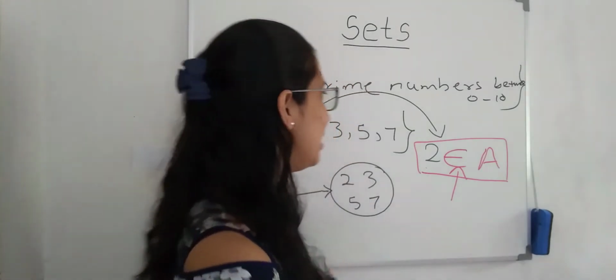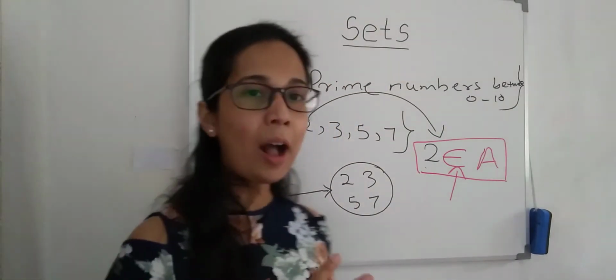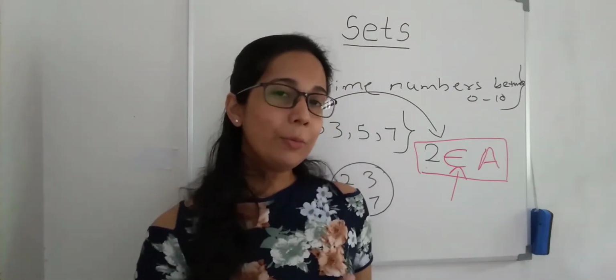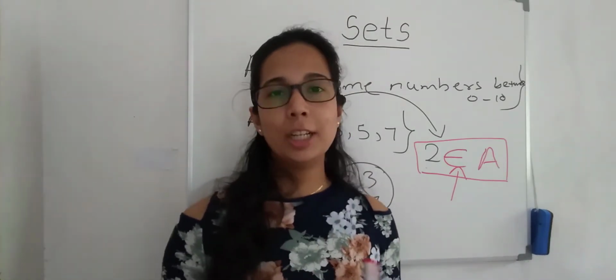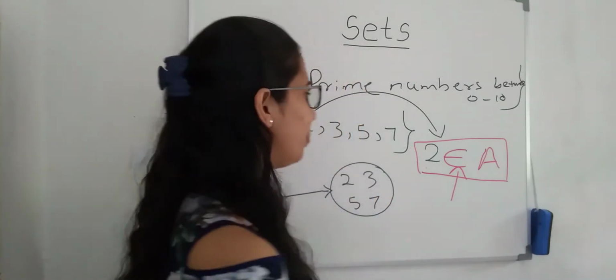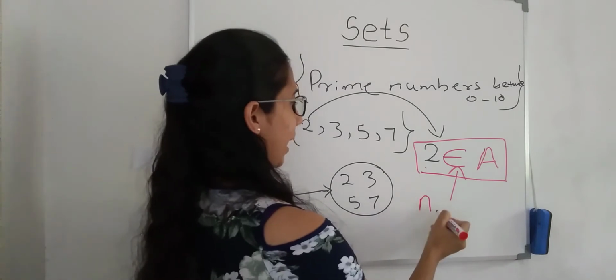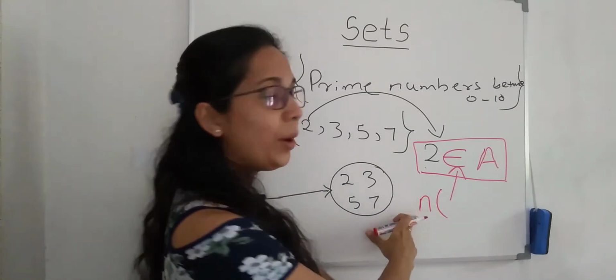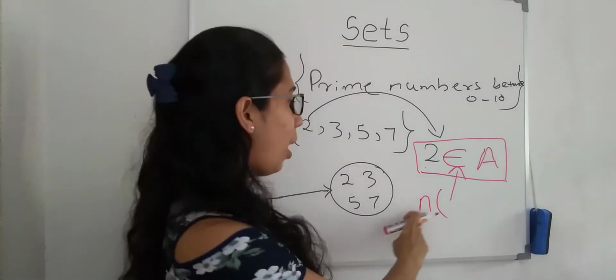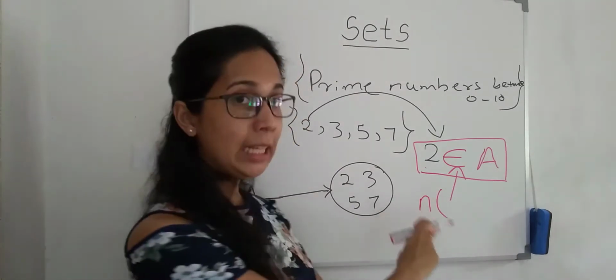Let's learn how to denote the number of elements in a set. We use a simple n to denote the number of elements in a set. Simple n denotes the number of elements in which set?